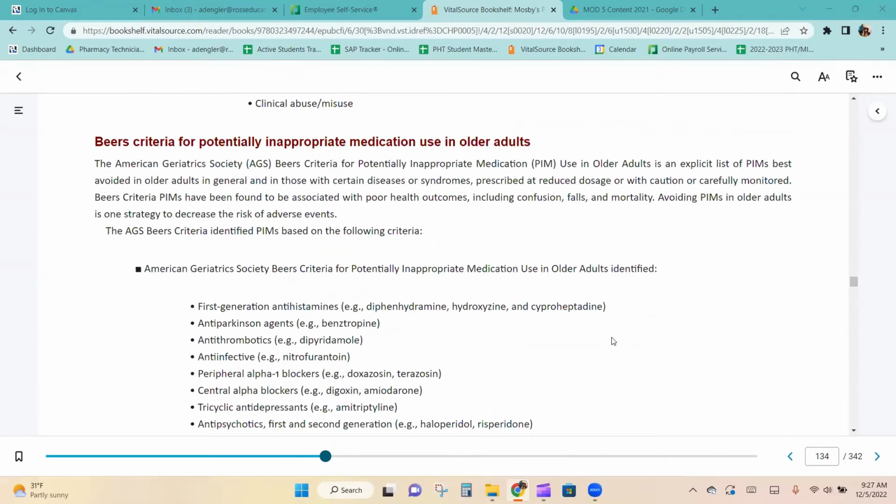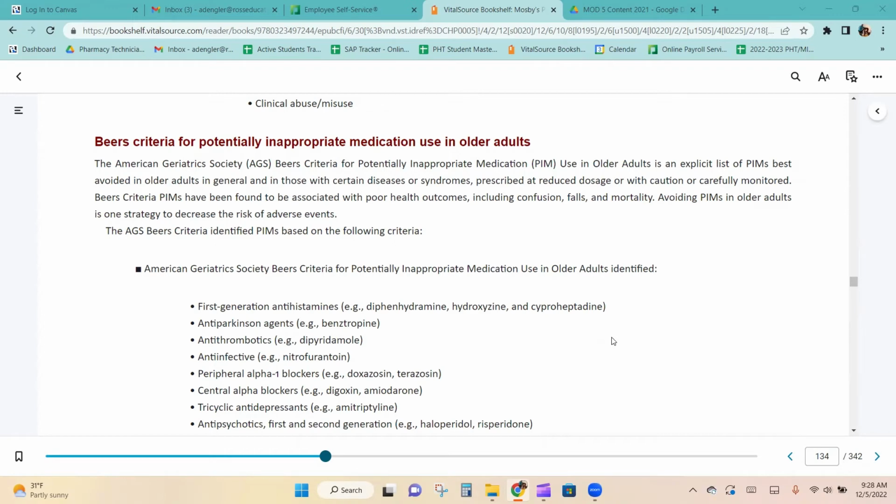So, the Beers criteria for potentially inappropriate medication use in older adults. The American Geriatrics Society Beers criteria for potentially inappropriate medication use in older adults is an explicit list of PIMs best avoided in older adults in general, and in those with certain diseases or syndromes, or prescribed at reduced dosage or with caution or carefully monitored.